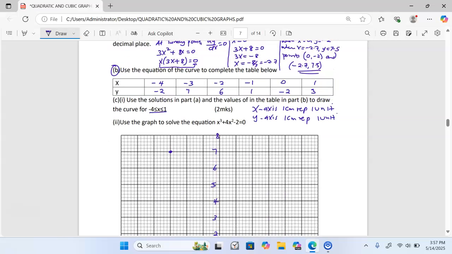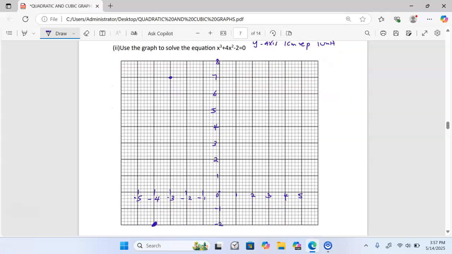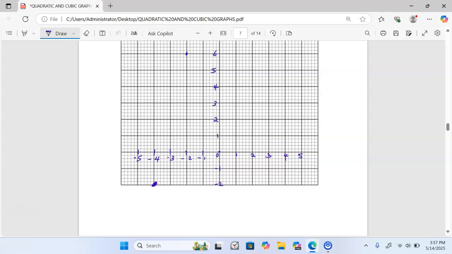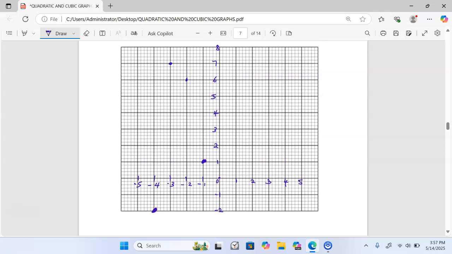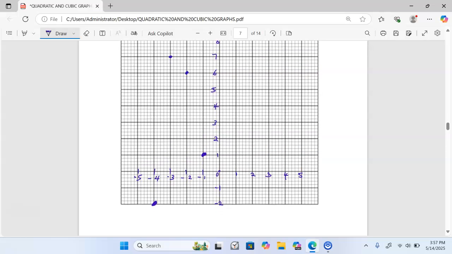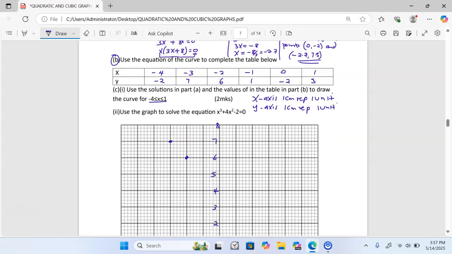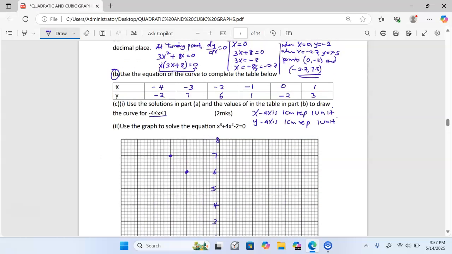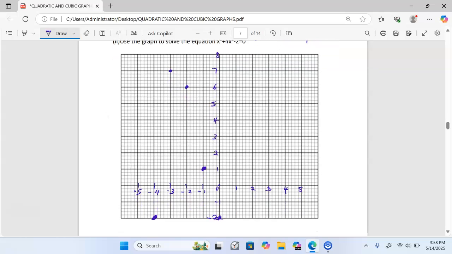When the value of x is -2, it is +6, -2, +6 here, and when it is -1, it is +1. -1, +1 at this point here, and when x is 0, this one is -2 at this point here, and when it is +1, y is +3 at this particular point here.